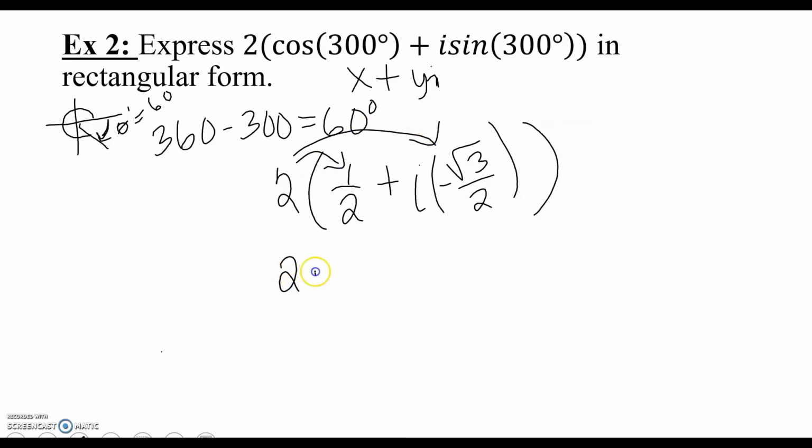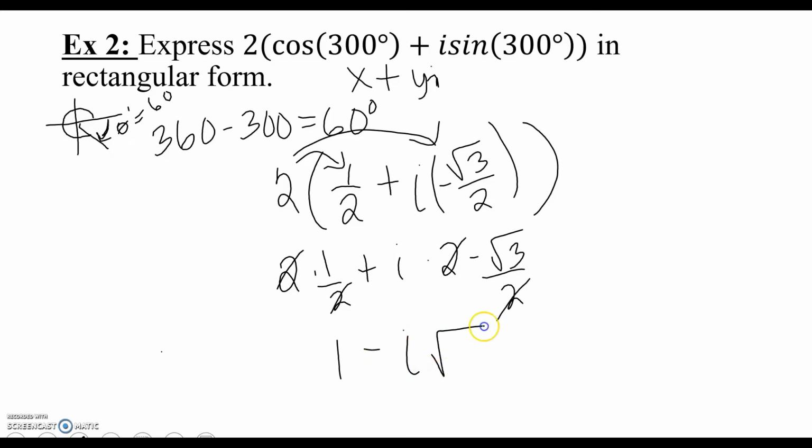It's 2 times 1/2 plus i times 2 times negative square root of 3 over 2. The 2's cancel here and leave you with 1. The 2's cancel here and leave you with negative square root of 3 i. So you would say minus i square root of 3. And this would be your complex number in rectangular form.